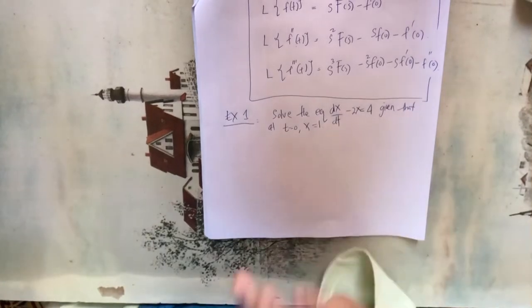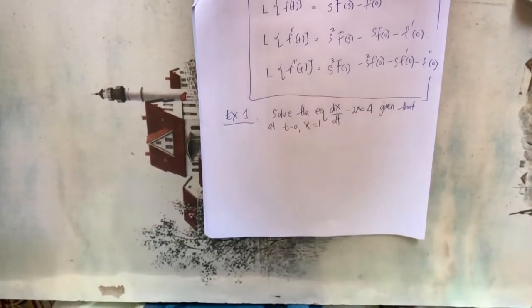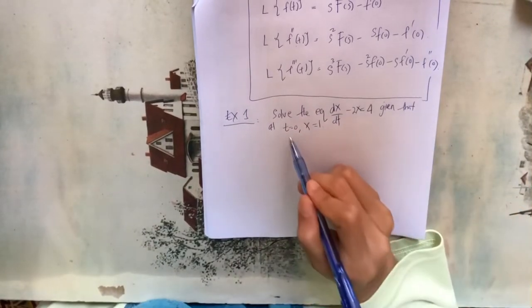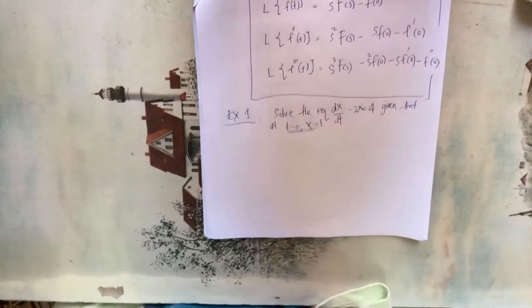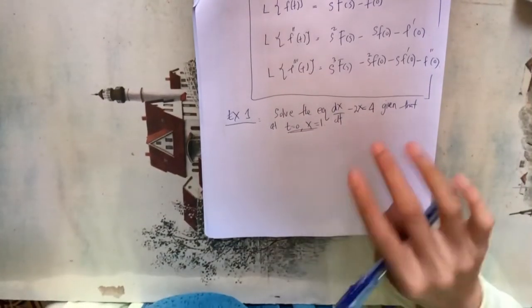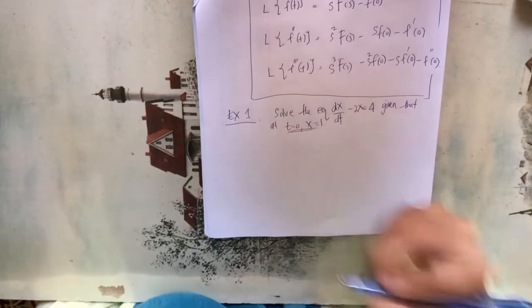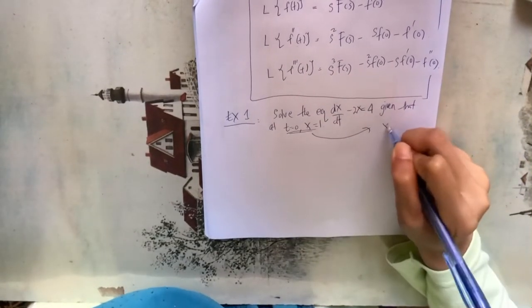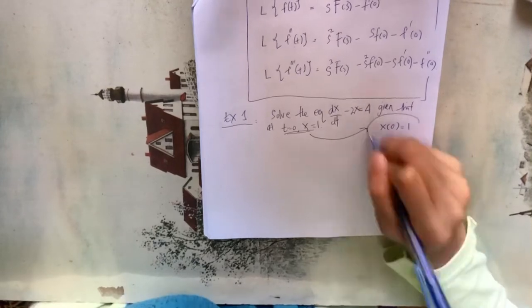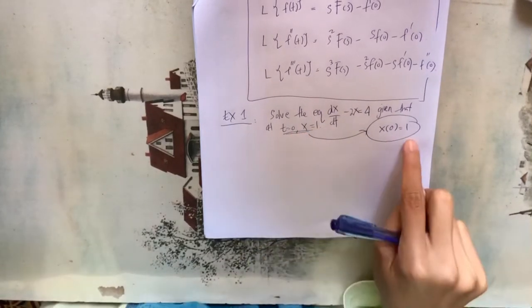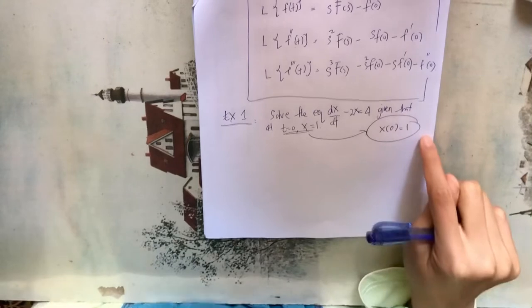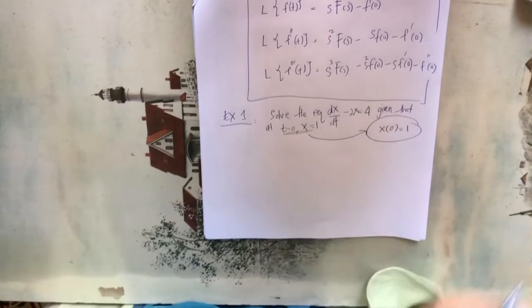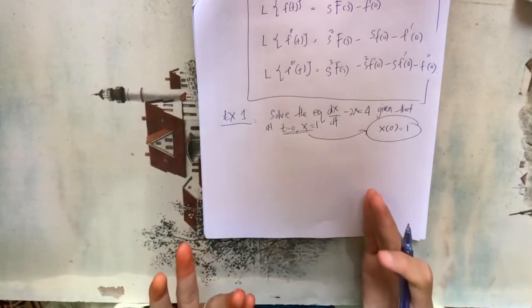Clearly you can see here there is an initial condition, which we can write mathematically as: at t equals 0, x equals 1.